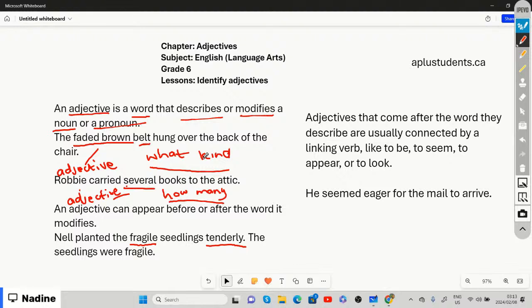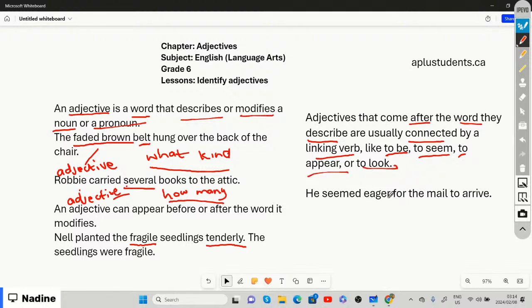And then also, adjectives that come after the word that they describe are usually connected by a linking verb like to be, to seem, to appear, or to look.